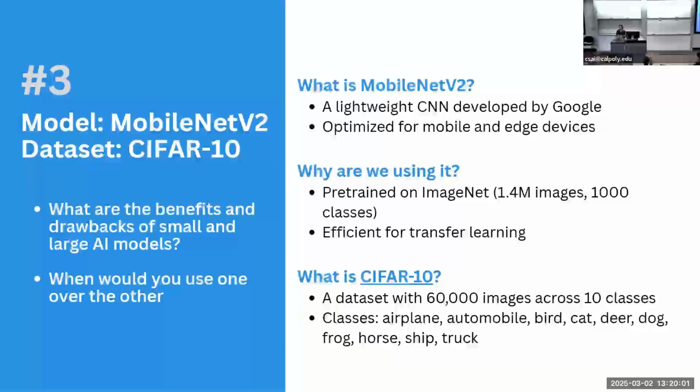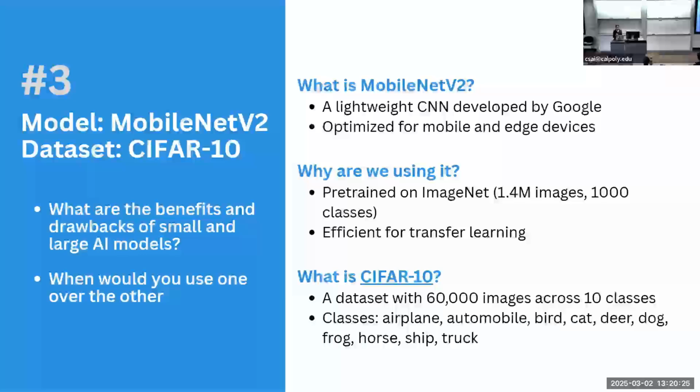Okay. What we're going to be doing is talking about this model called MobileNet V2 and this data set. But before we get into that, I want to talk about what this model is, and I'll give a little context on what models are if you're really new to everything.